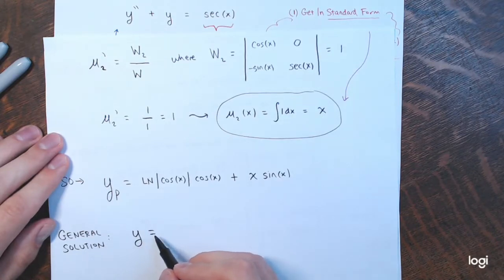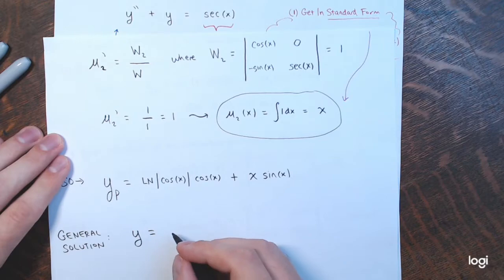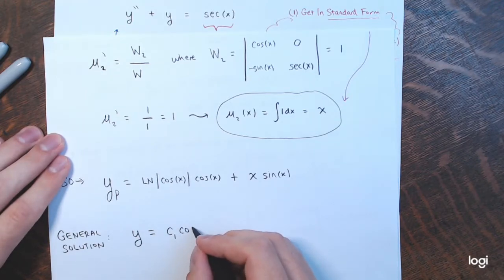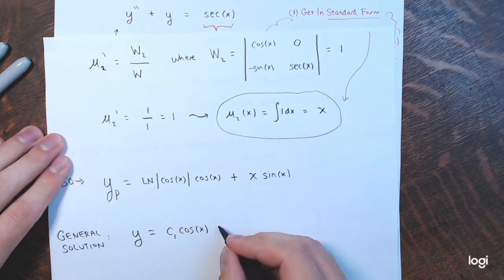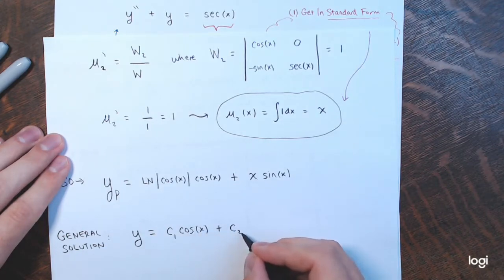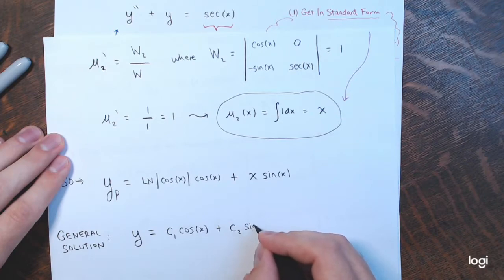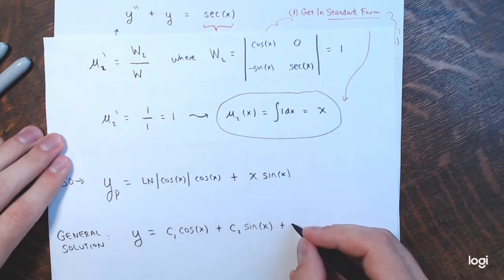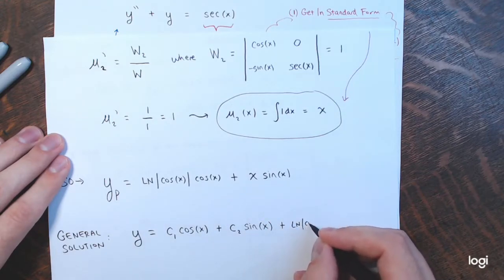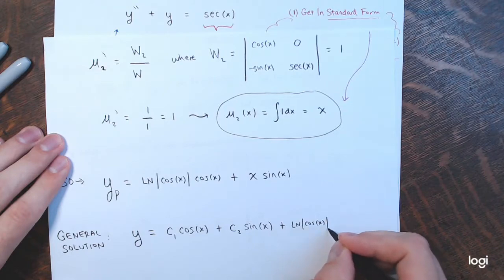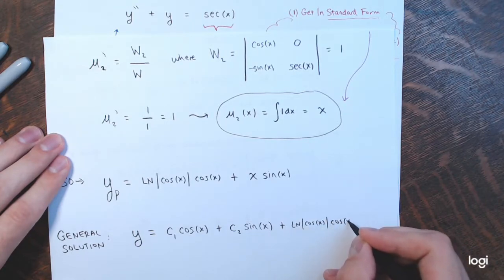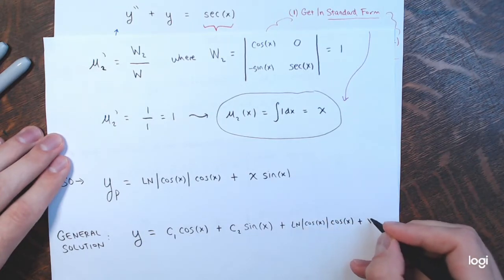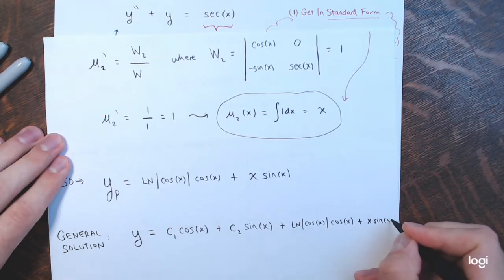Y equals, again, the complementary function, which was some constant c1 times the cosine of x plus some constant c2 times the sine of x plus, and then the particular solution, this natural log of the cosine of x times the cosine of x plus x times the sine of x.